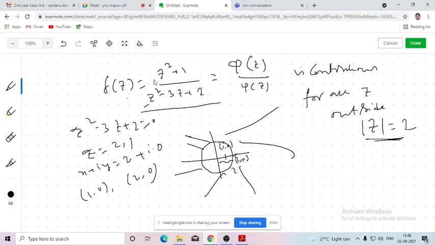Since the quotient function is not defined at the points (1, 0) and (2, 0), which are inside or on the circle, outside the circle at all these given points the function is defined, so obviously it will be continuous. Was that clear? So we need to show that only. Is it clear or not? Yes, sir. Okay.